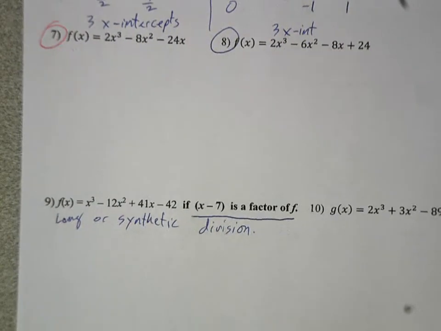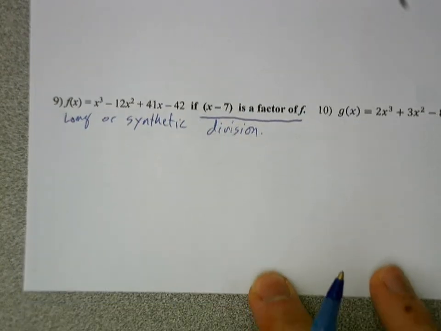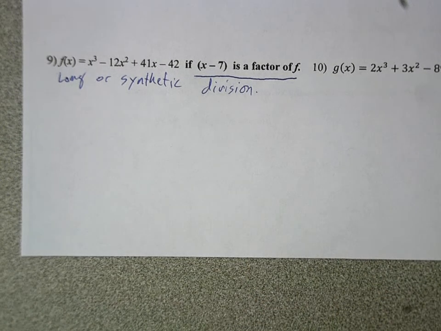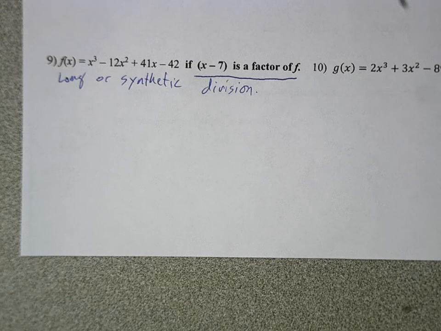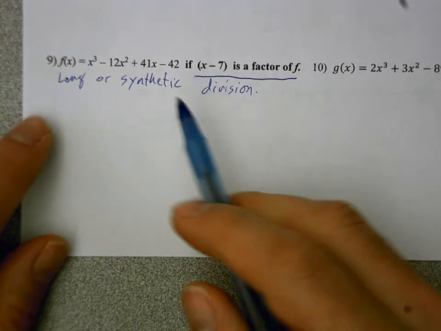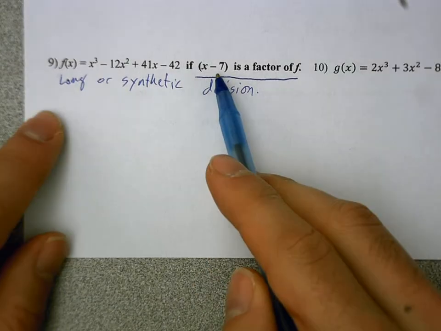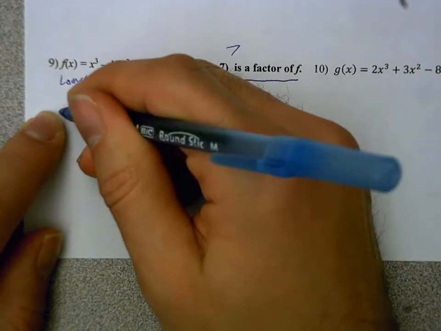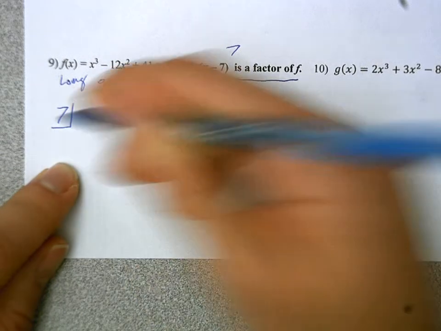And then the last one I want to show you here, number 9, I'm going to show you synthetic division. If you want to see long division, you can ask. Synthetic division, take the root here from this one, so 7. 7 goes in a little box.